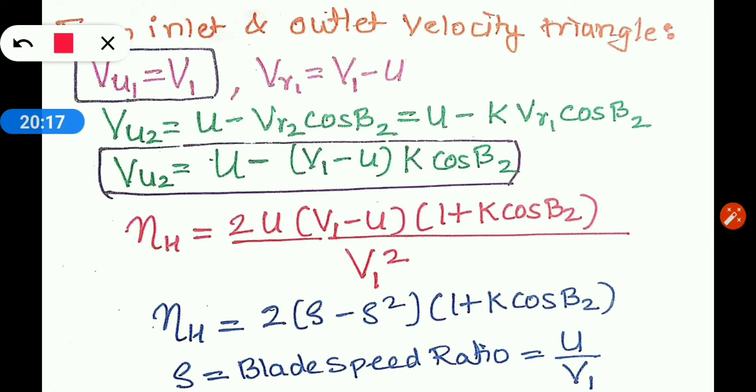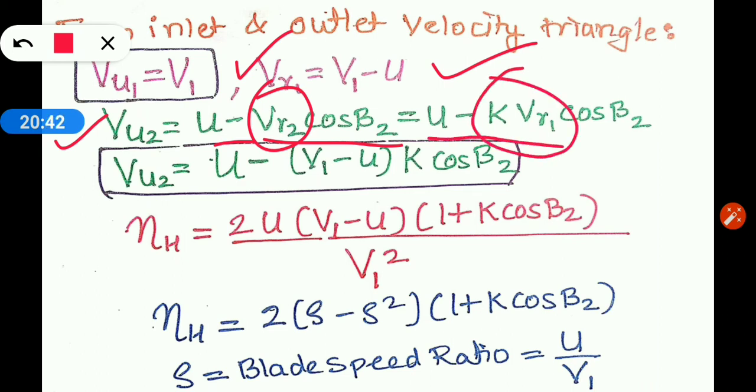As you can see from the inlet velocity diagram, Vu1 is equal to V1, VR1 is equal to V1 minus U. Similarly, what is Vu2? From the outlet velocity diagram, we know that Vu2 is equal to U minus VR2 cos beta 2, that we had seen. And VR2 is K into VR1, just now we have seen.